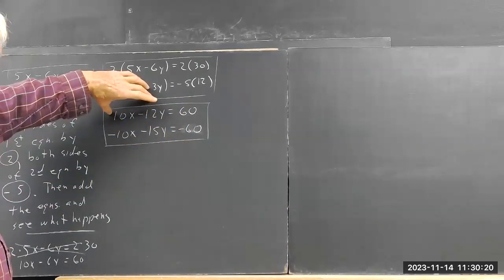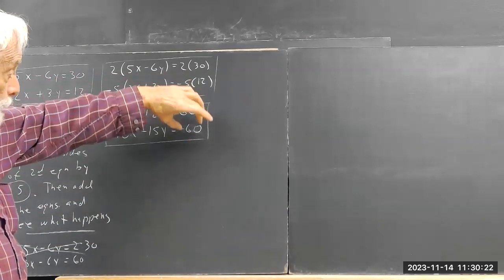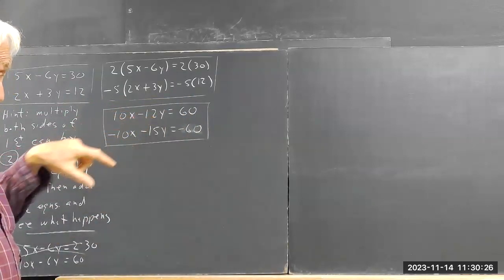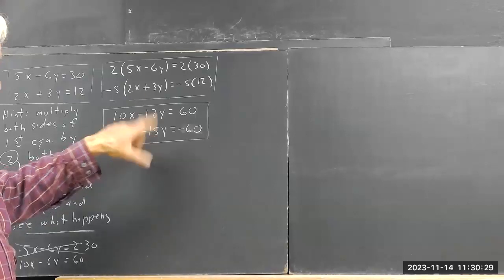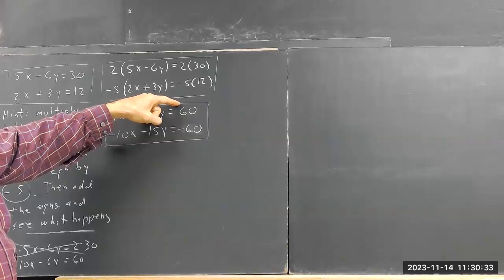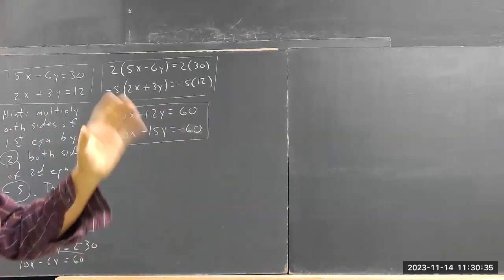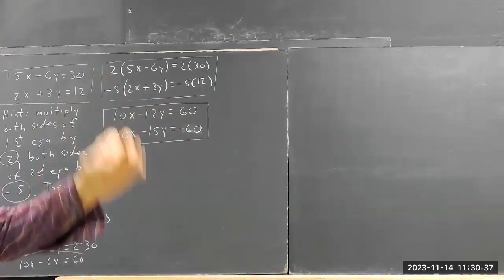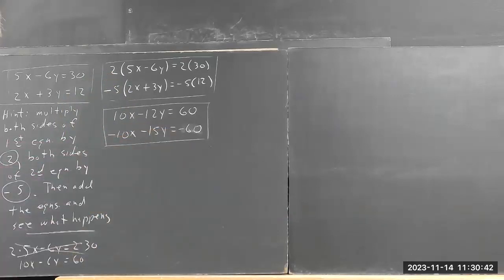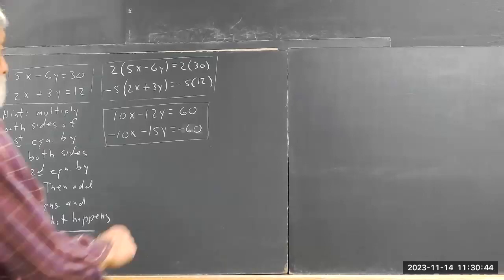Okay, so this plus this has to equal this plus this. So what do you get when you add the right-hand side to the right-hand side? Can you show me with your fingers? Yeah, you get 0. Okay. These numbers are equal and opposite. They give you 0.